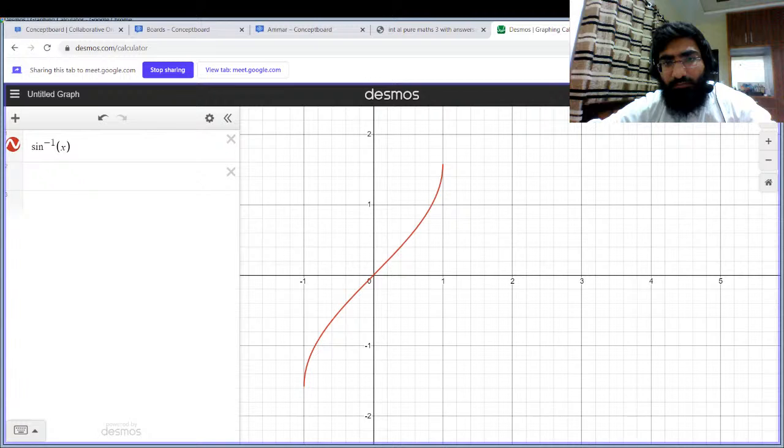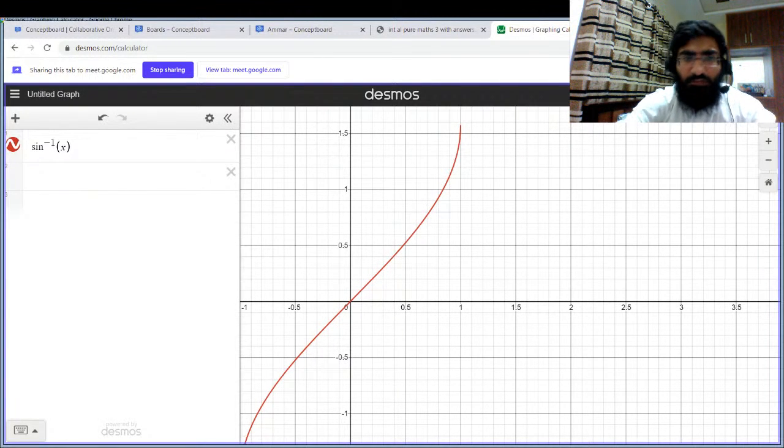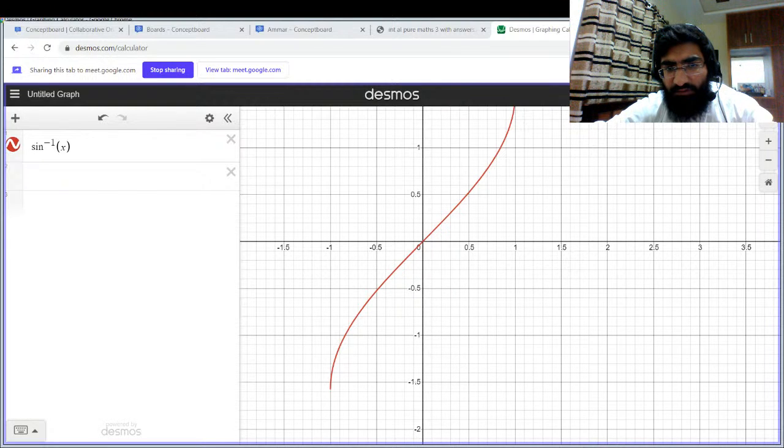It doesn't become an asymptote, it just goes to this. If I'm doing 2 arc sine x, the 2 would mean it stretches vertically by 2.